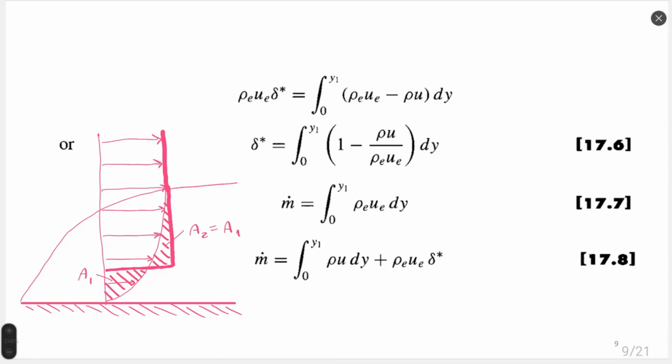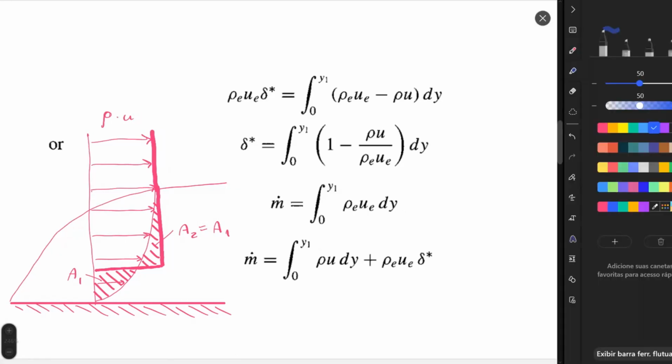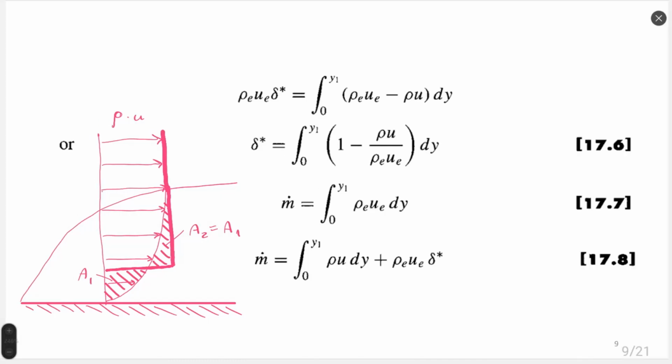So I just replace some function. This is a function of the density-velocity product. And what is missing here is zero value. Since I already moved all the velocity to the upper zone inside area 2, I will have zero velocity in the remaining part.